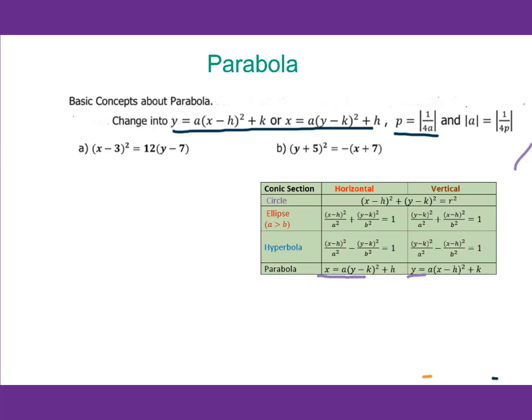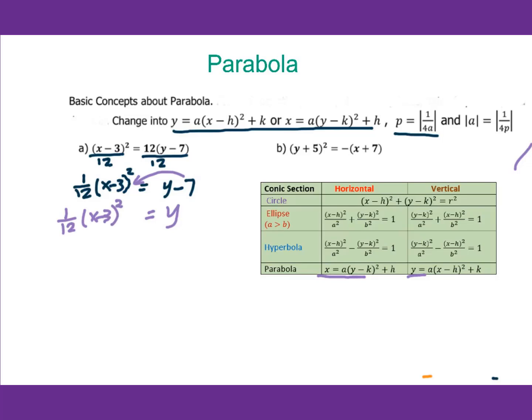Therefore, for a, we will divide by 12 on both sides. You will get y minus 7 equals 1 over 12 times x minus 3 squared. Then I add 7 to both sides. I got y equals 1 over 12 times x minus 3 squared plus 7.